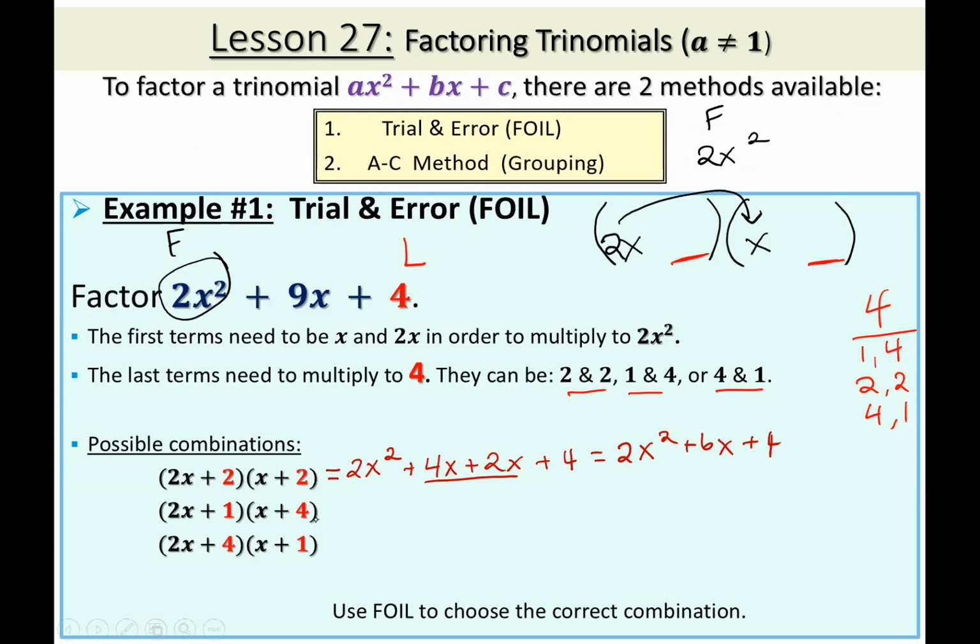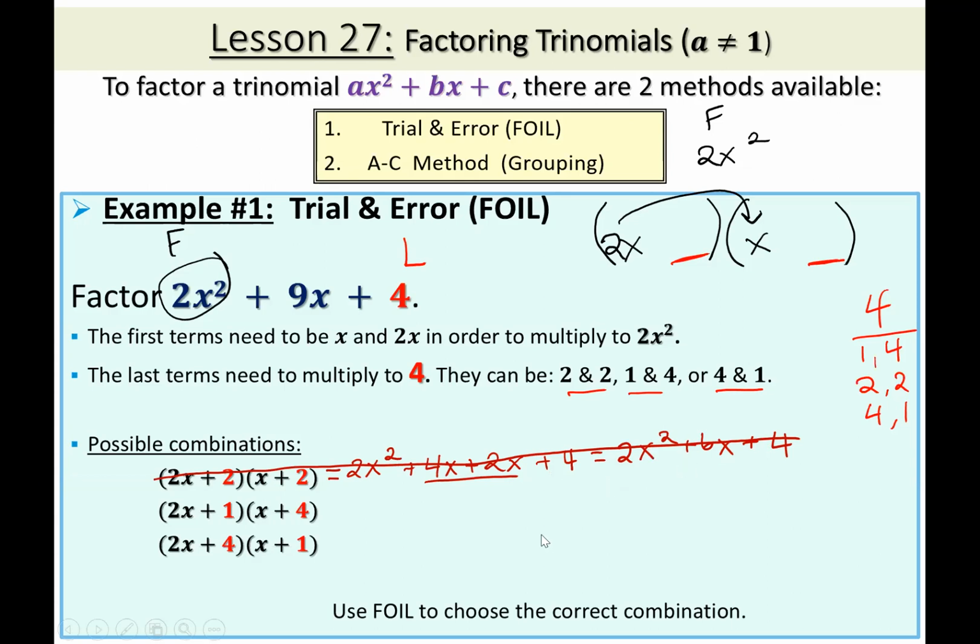So good try. That was a trial, but no, that one doesn't work. Because what we wanted for our final answer is 2x squared +9x +4, and instead we got 6x. Okay, so good try, but no. So I'll just draw a line through this to say no. I'm not going to erase it or scribble it out because we want to keep track of what we're trying.